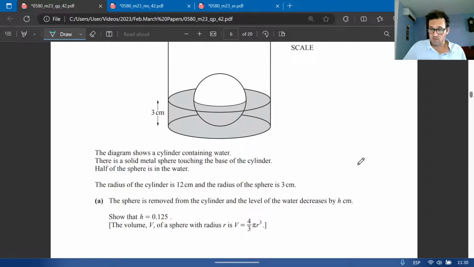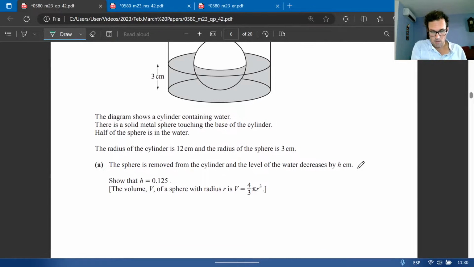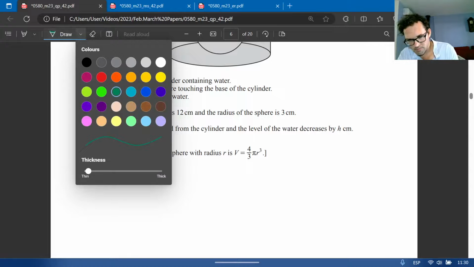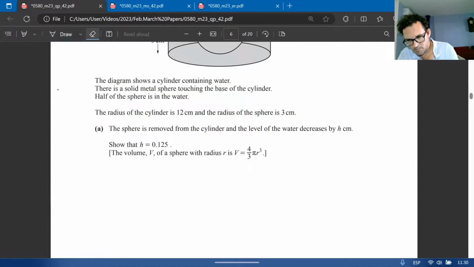I'm also baffled. So what I would do, I just start with what there is, and I give us a formula, and we use that formula. So this is the volume of the sphere. The volume of the sphere is 4/3 pi r cubed.